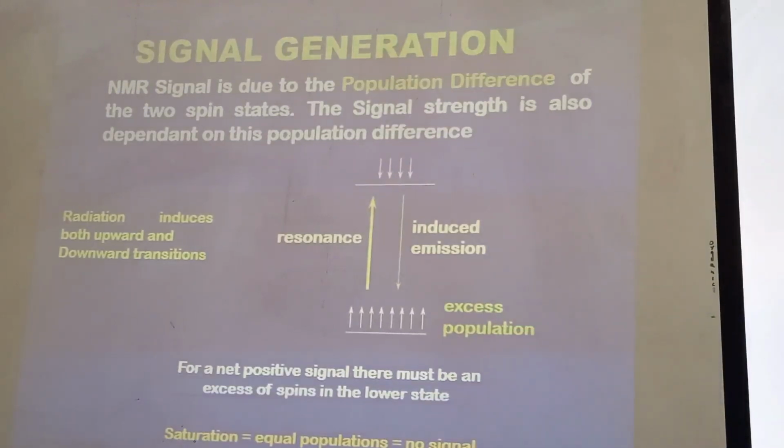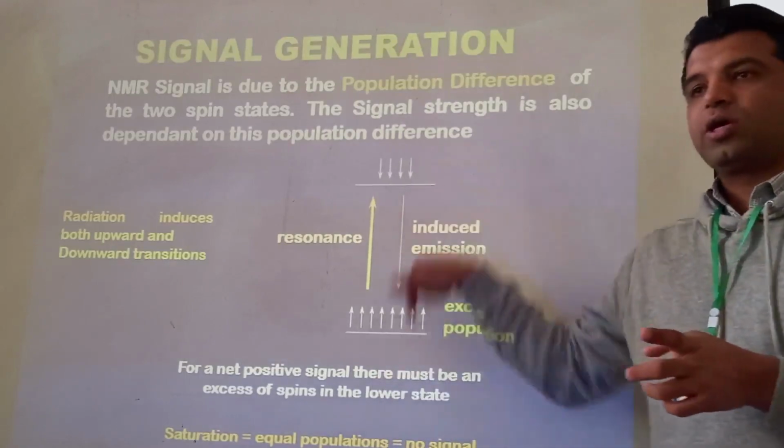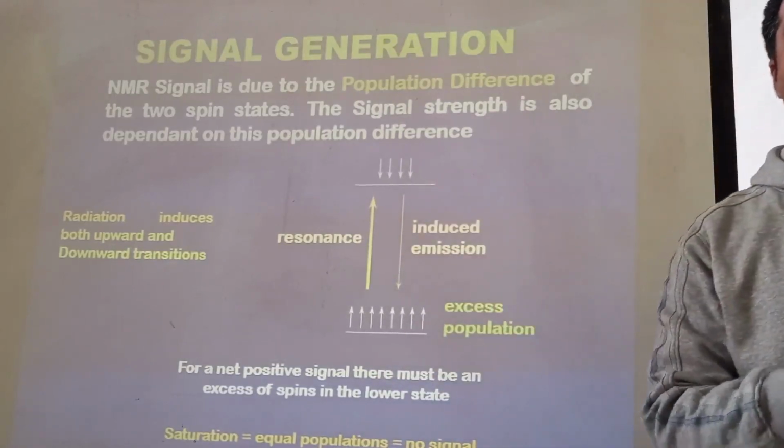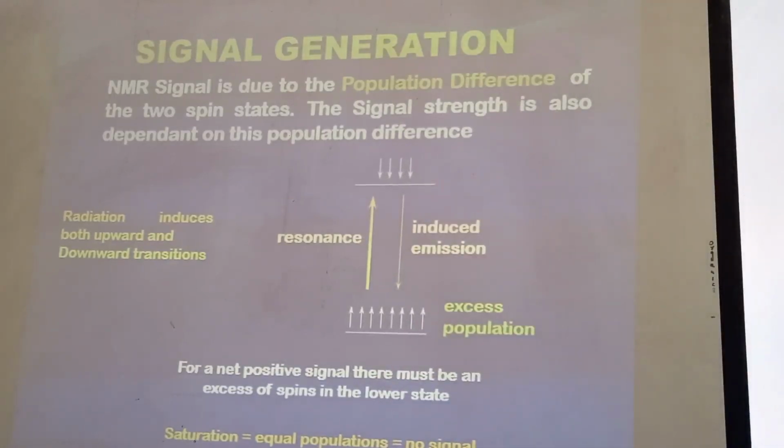If you have a condition in which you have equal population in both the states, how can we achieve this saturated state? You can achieve this saturation if you provide energy continuously. And we are providing energy in the form of radio frequency.